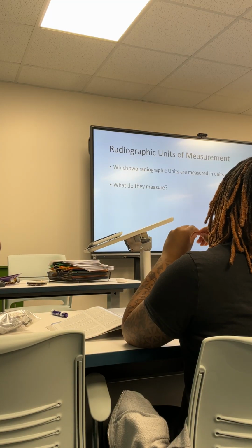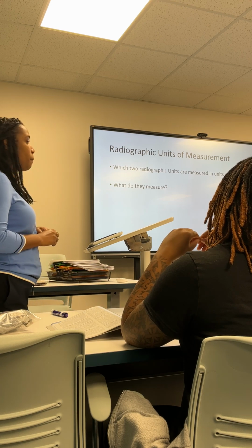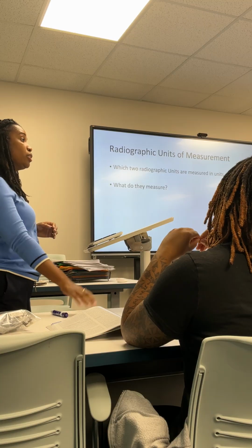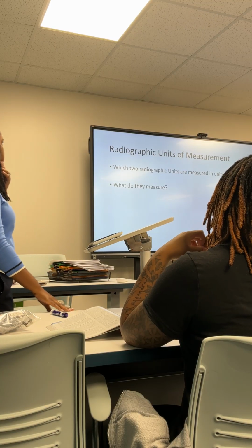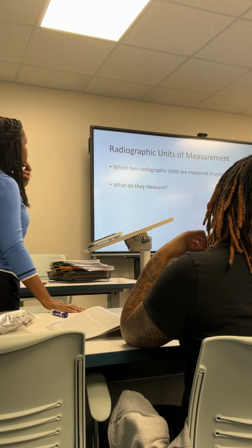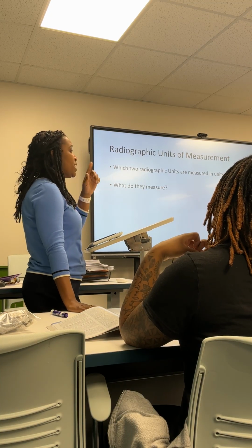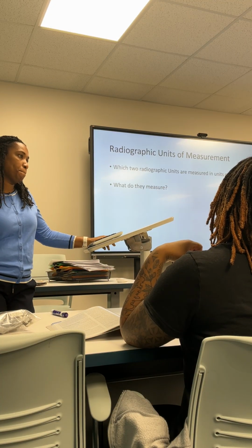Okay, y'all's group. What 2 radiographic units are measured in sievert? Y'all talk out loud though, your thoughts. Because we said one before and then we added one in lecture. Exposure is the one that we've known before.